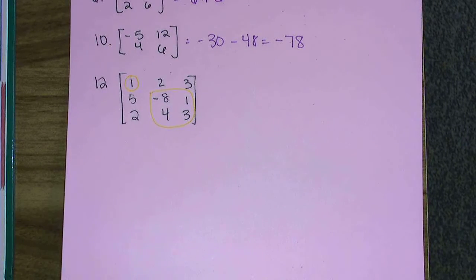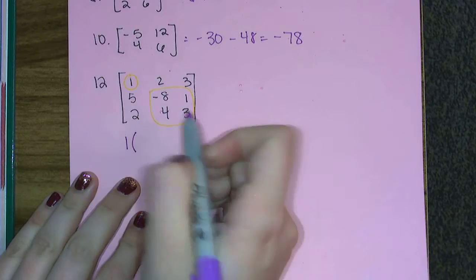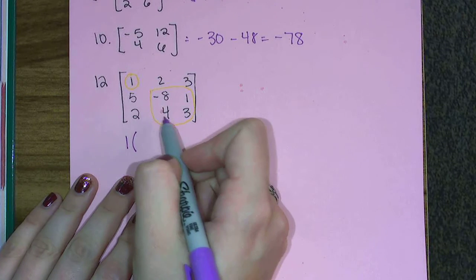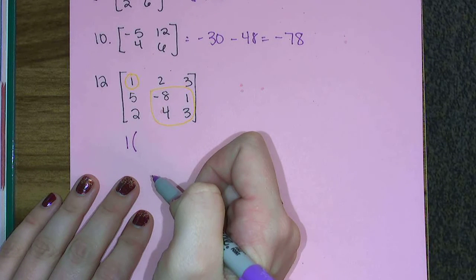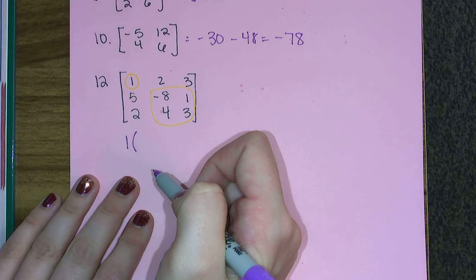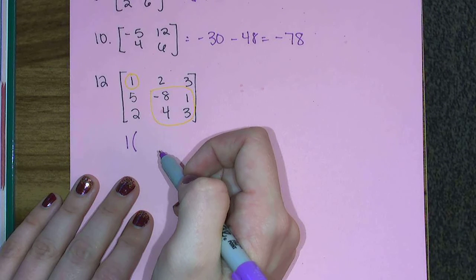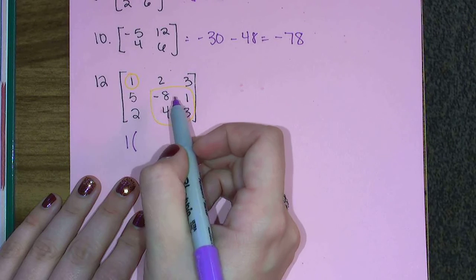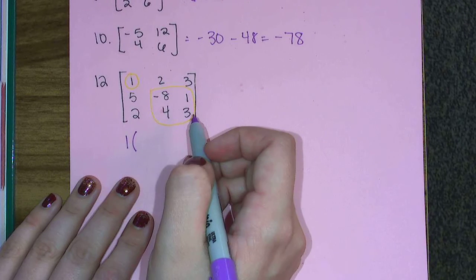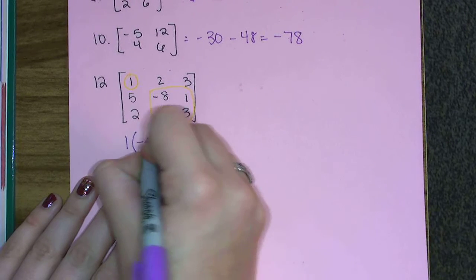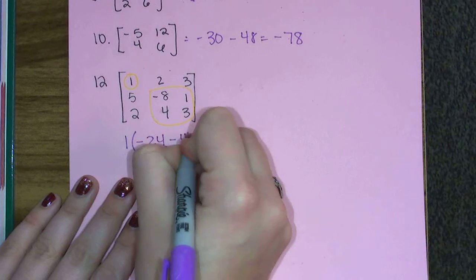So 1 times, what's the determinant of this 2 by 2? You have part of it, right? What's the rest of it? So this is negative 24 minus 4.